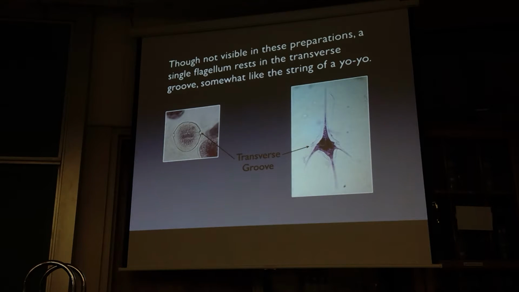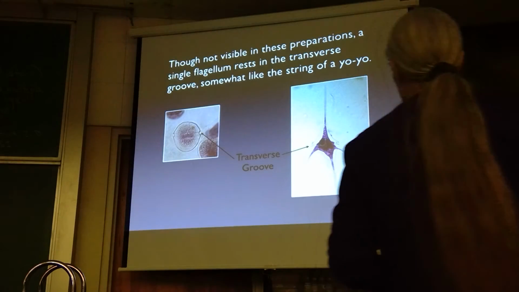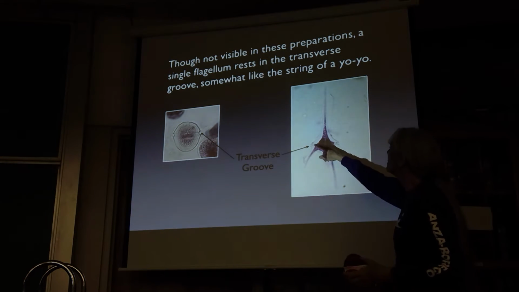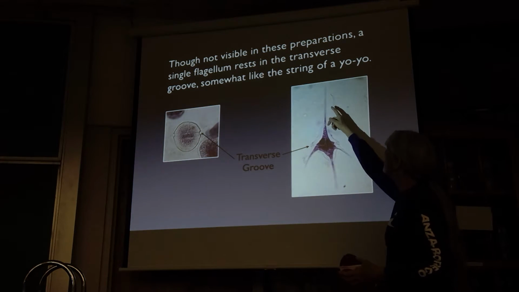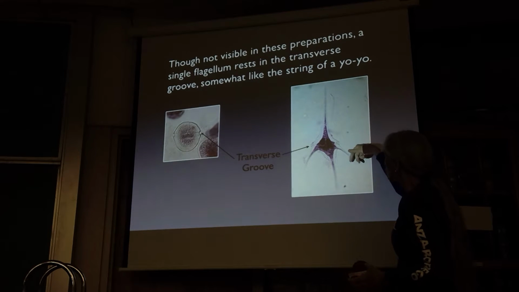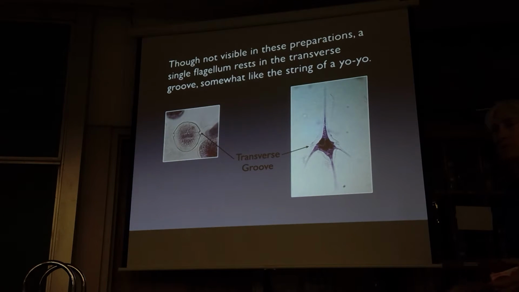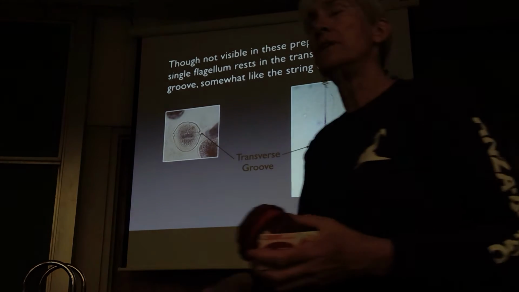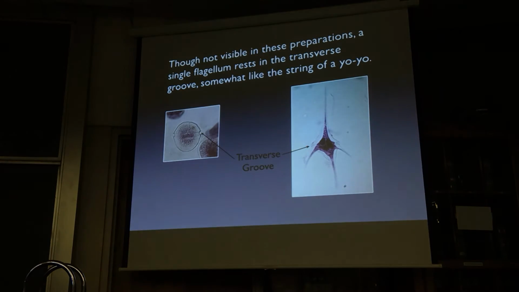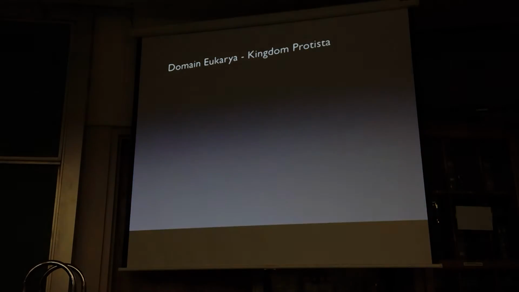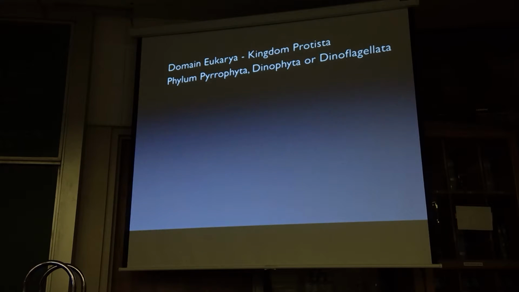The Ceratium always has a transverse groove here and a spine going this way, but they can have either two spines or three spines coming down. To me, they kind of look like Eiffel Towers with a leg missing. So, domain Eukarya, kingdom Protista, phylum Pyrophyta, Dinophyta, or Dinoflagellata.